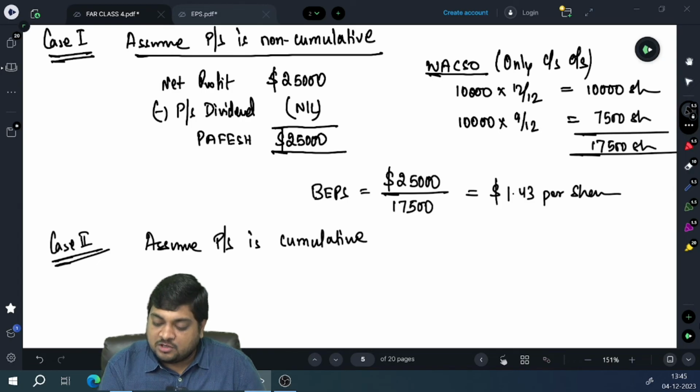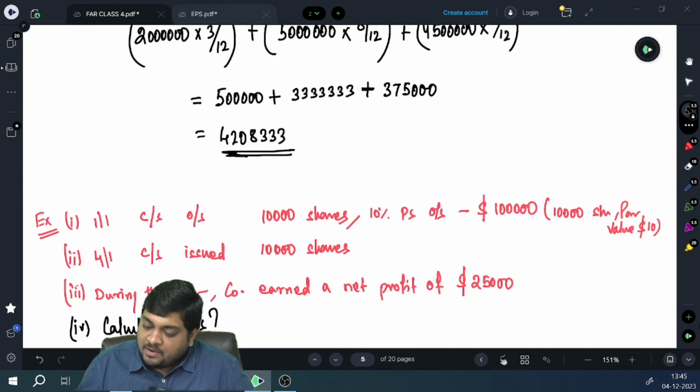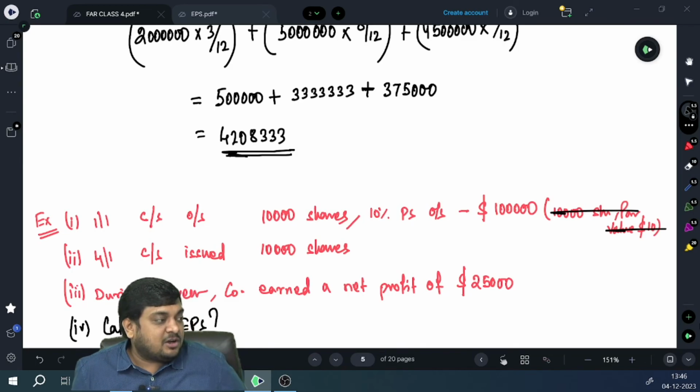If preferred stock is cumulative, even if they don't mention, see the number of preferred stock is not relevant because we are not going to consider it for weighted average common stock outstanding. It's common stock outstanding, not total share outstanding.